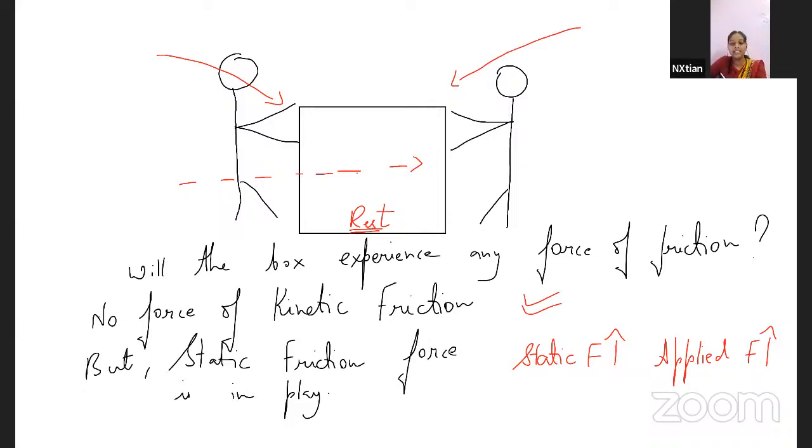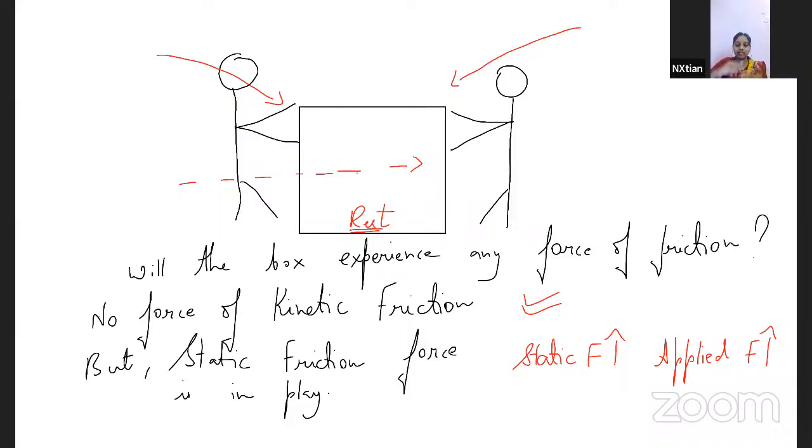Why I'm telling you these terms is so that next time if such a question comes, you can use the exact terms. Explain kinetic friction: it is applicable when two objects are moving against each other, that is, in opposite directions.